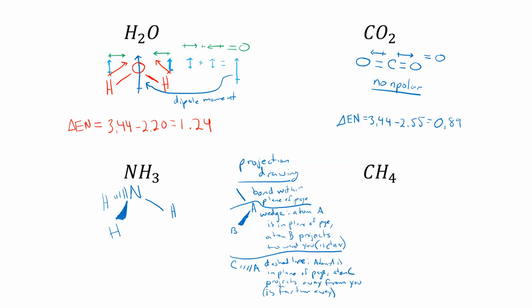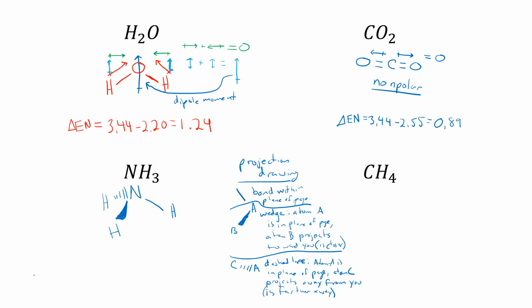A piece of paper is 2-dimensional, but you would draw the back end of the cube as being smaller than the front of it. That same idea holds here, and that's why with the wedge, the bigger part of the wedge is the part that's coming out toward you, and the smaller part of the dashed line is the one that's going away from you. It's meant to show that.